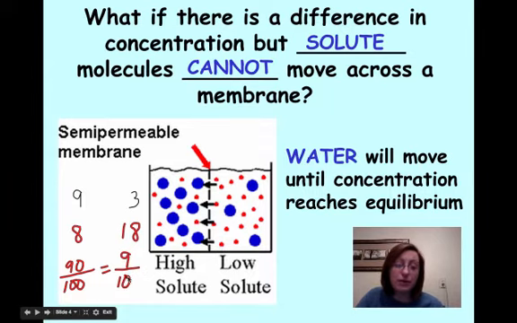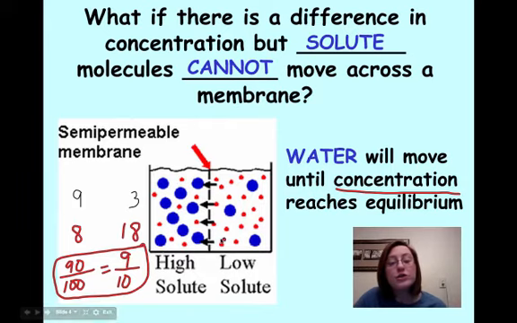It's not about the number of molecules, it is about the concentration. So water is going to continue moving until the concentration reaches equilibrium. So we might have more solute particles here, but we're going to get much more water flowing to this side to balance out our concentration. I know it's an abstract concept, and we'll work on it some more in class, but I think that this might help explain it the best. So keep this in mind. Okay? So solute is unable to move, but water can move to help us create an even balance or equilibrium with our environment.